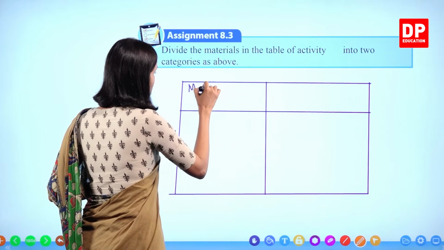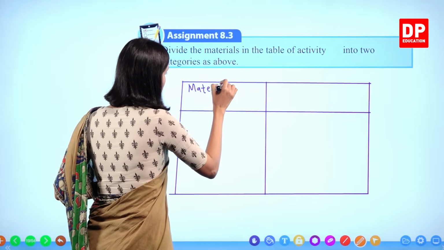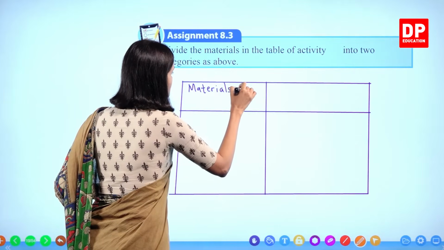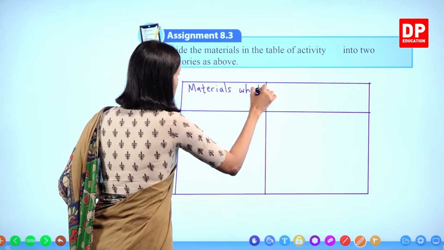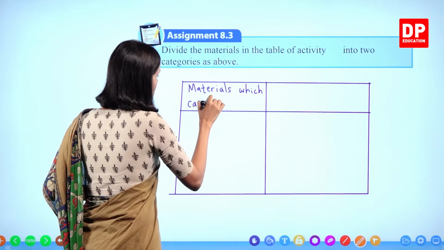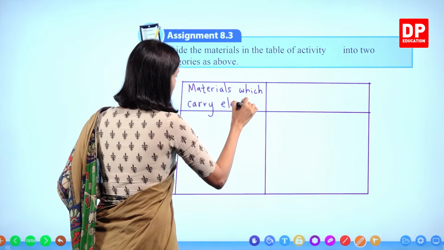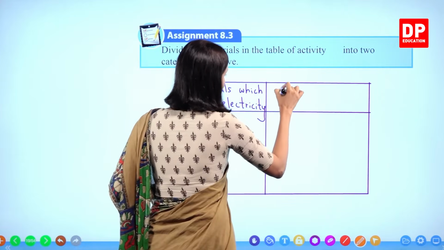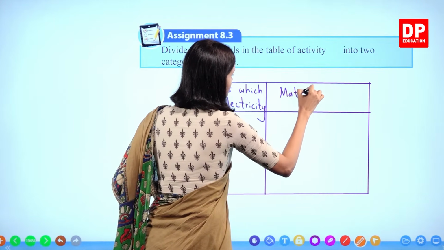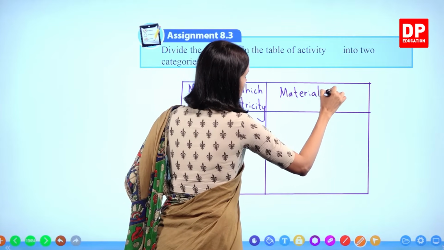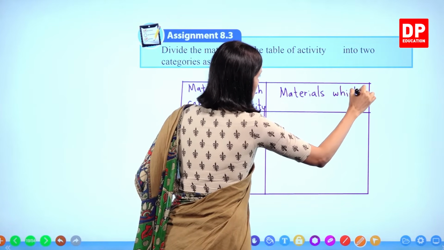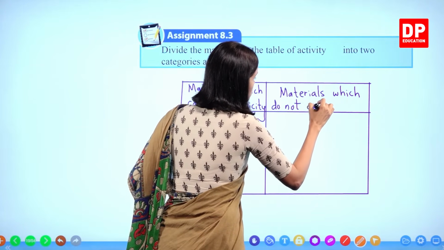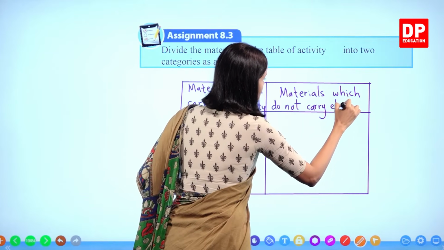Materials which carry electricity. Materials which do not carry electricity.